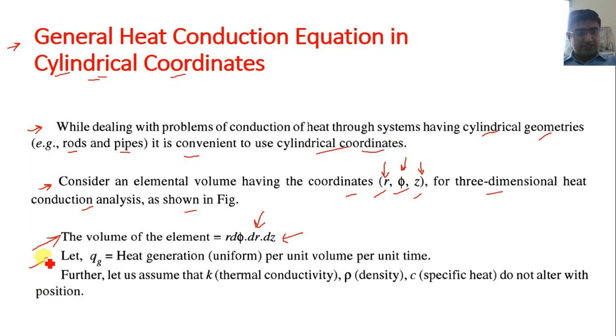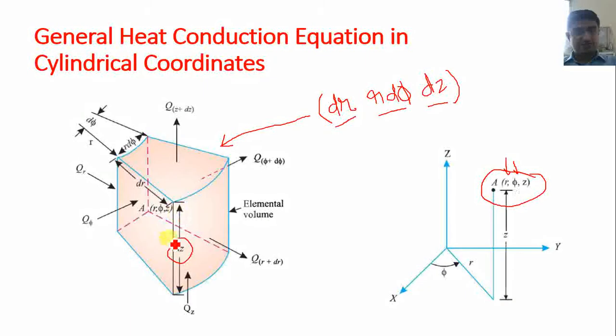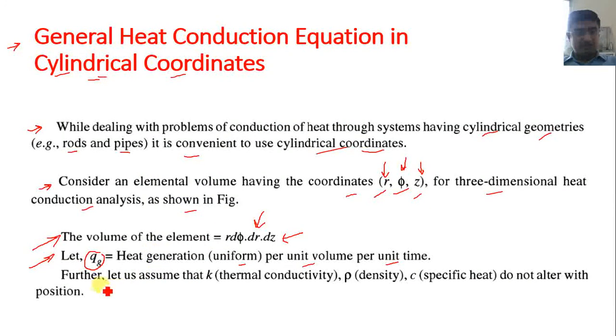Also let Qg be the heat generation, which is uniform per unit volume per unit time. So small qg indicates the heat generated with the help of some external source within this volume, or you can say within this element. Further, let us assume that K, the thermal conductivity, rho, the density, and C, the specific heat, do not alter with position.